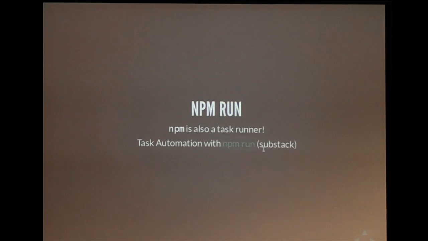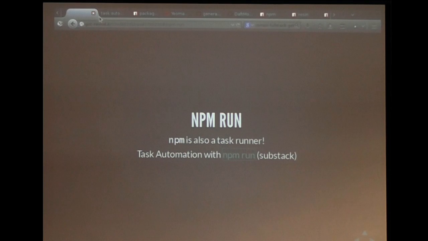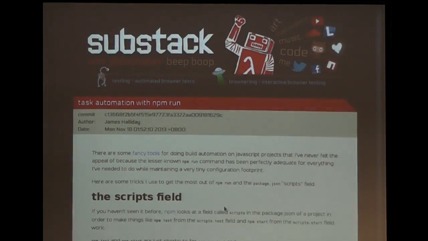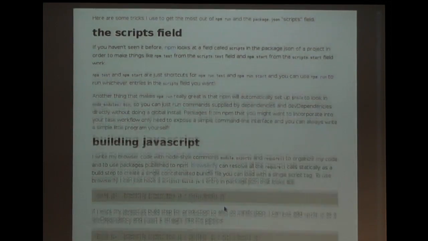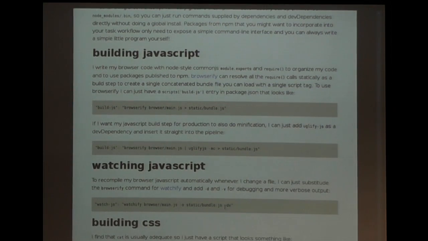Here's an article by Substack, or James Halliday, where he talks about using just your package.json and npm in order to run everything you need to do. So what did we need from Grunt before? We wanted to run a build where we were going to combine all of our client-side JavaScript down into one file.